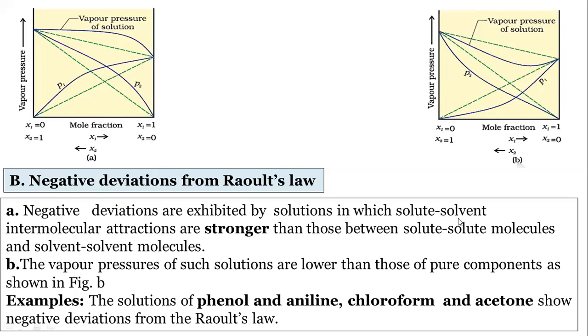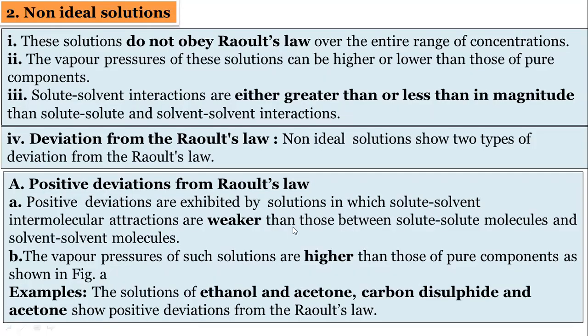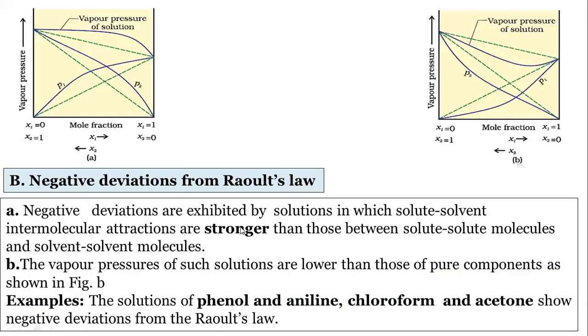Solute-solvent intermolecular attractions are stronger. But in case of positive deviations, solute-solvent intermolecular attractions are weaker. And in this case, solute-solvent interactions are stronger than the solute-solute and solvent-solvent interactions. The vapor pressure of such solutions is lower.